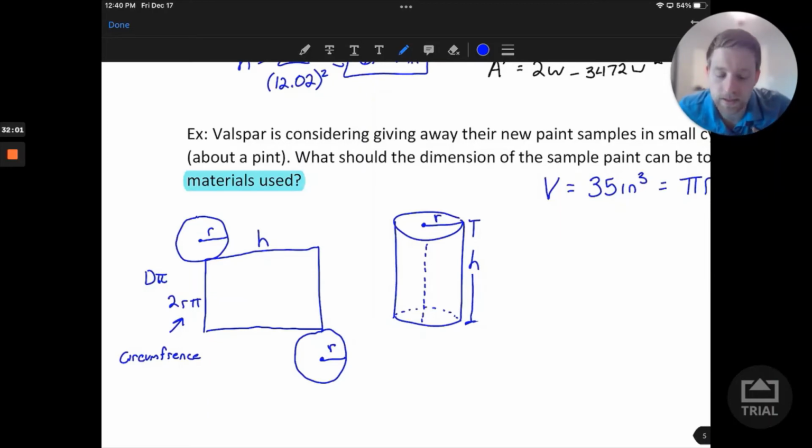So if I consider the areas that are considered here, let's just label these as the areas. The middle area would be 2 times r times pi times h. And then the 2 circles would be just pi r squared with area.